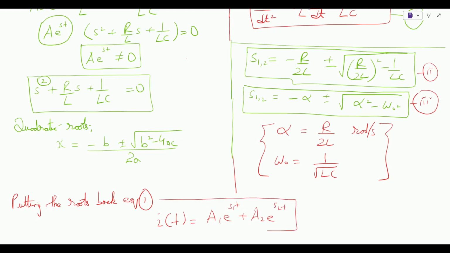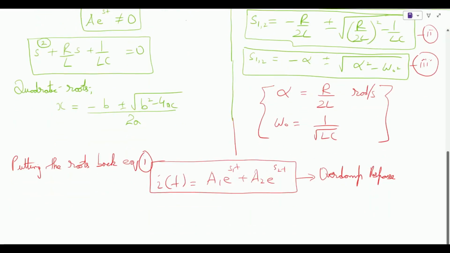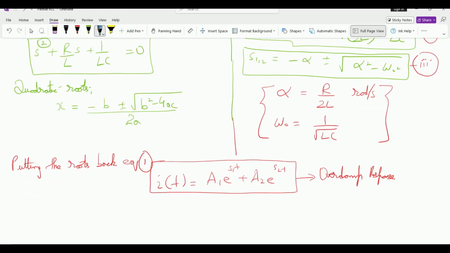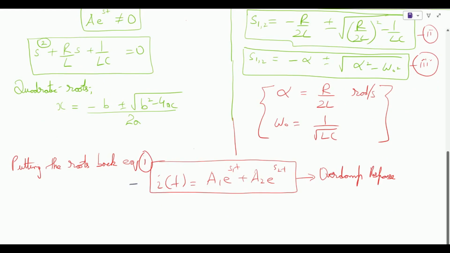And to our surprise, this equation resembles the same equation we had for the overdamped response. So this is the overdamped response, but this time it represents the current, and previously the same equation was given in terms of the voltage v of t when we talked about the parallel RLC natural response.